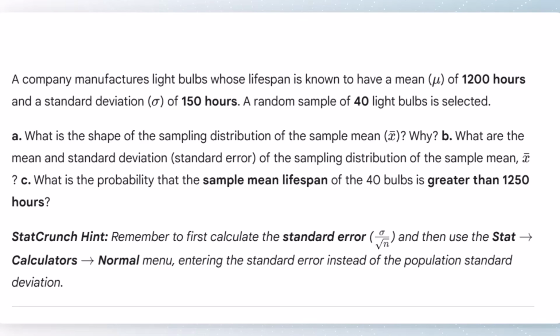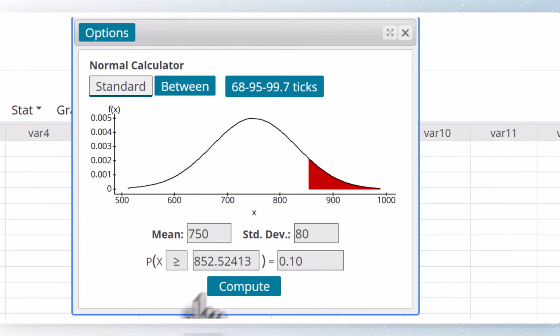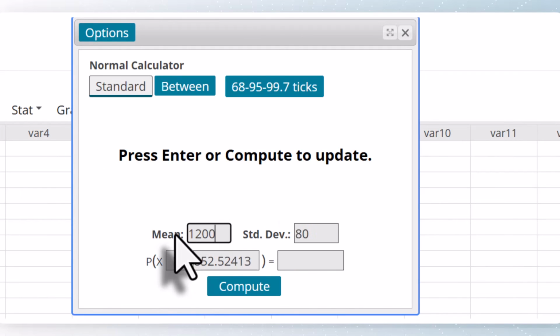C, that's a very important question. What is the probability that the sample mean lifespan of the 40 bulbs is greater than 1250? So we're going to go to the normal calculator and show you how to answer this question. Okay, we are back to the normal calculator. You need to change the mean. It's 1200 in this question.